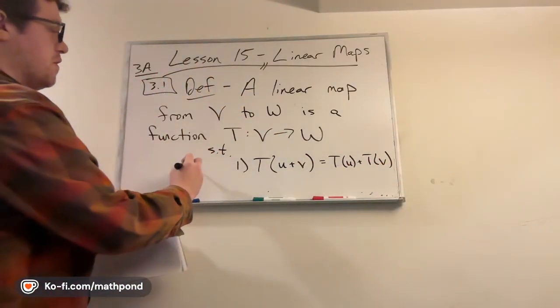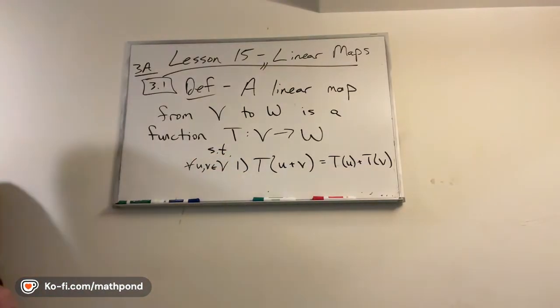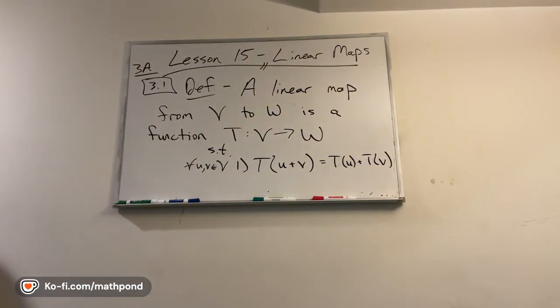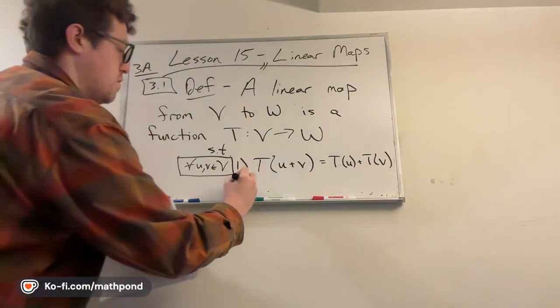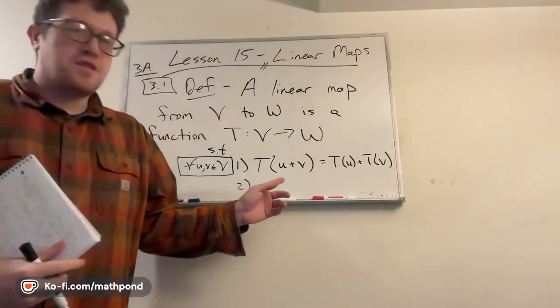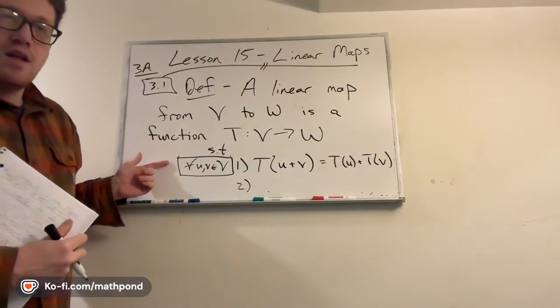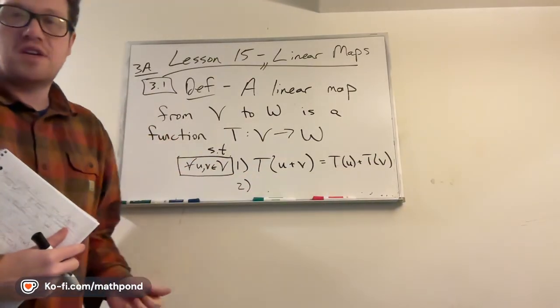And this should be true for all u and v. Okay, so in other words, the first property just says that the group structure under addition is preserved. So it's a group homomorphism under addition.